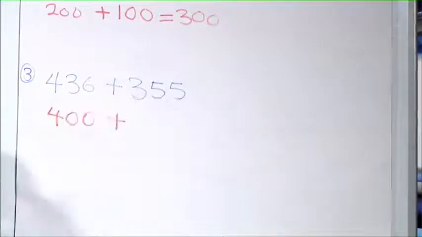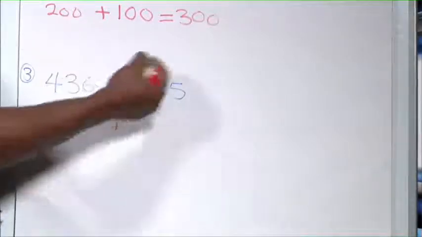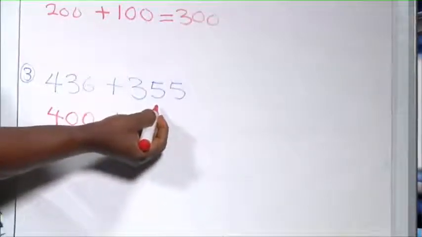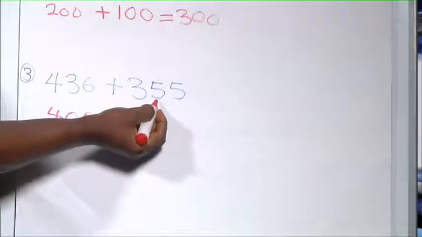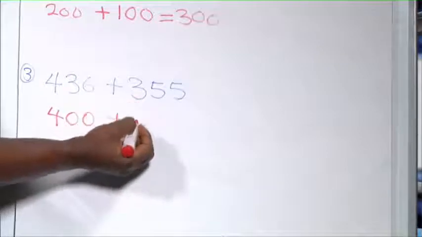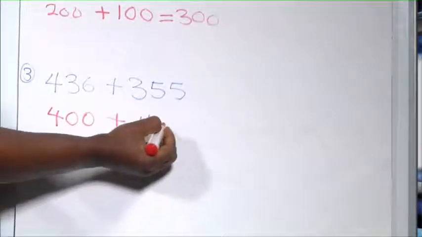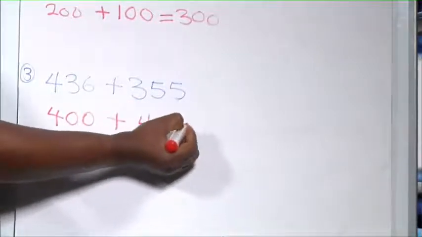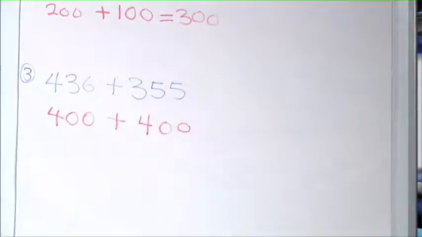Plus 355 to the nearest hundred. This one, when we go right to our next door, it is 5. So we are going to add 1 more to the 3, making 4, and then assume the rest to be zeros. We have rounded 355 up to 400.